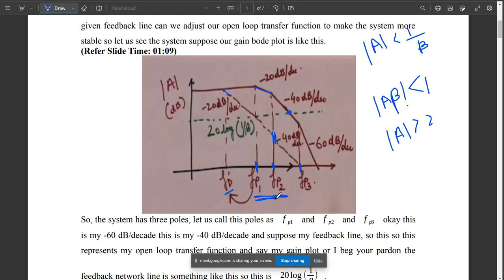So this means that with the use of the shunt capacitor, the frequency shifts till here, and we can have a longer stability. Earlier the stability was till here, without the shunt capacitor.